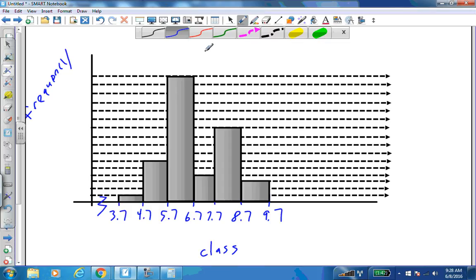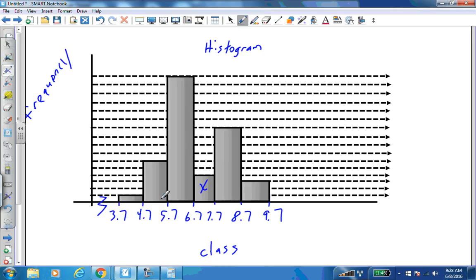Notice for our histogram, it doesn't tell us exactly what the data values are like a dot plot. Each bar just tells us the frequency, how many fall into each category. So if I looked at this one, that one goes up 1, 2, 3, 4.